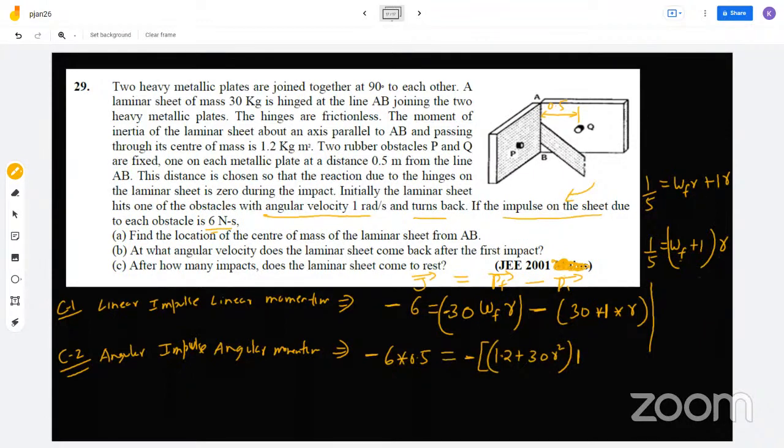That is the final one. The initial one is 1.2 plus 30 r squared, with initial angular velocity 1.